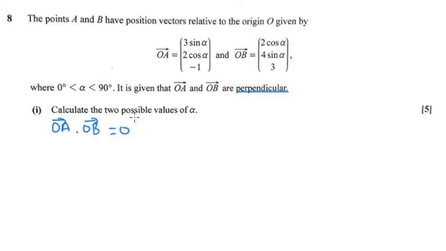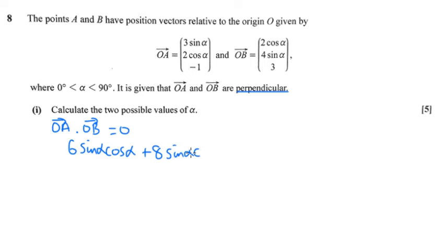So let's find the dot product. The dot product is going to be the x components multiplied together. So that's going to be 3 sine alpha times 2 cos alpha, so that's 6 sine alpha cos alpha, plus 2 cos alpha times 4 sine alpha, so that's 8 sine alpha cos alpha.